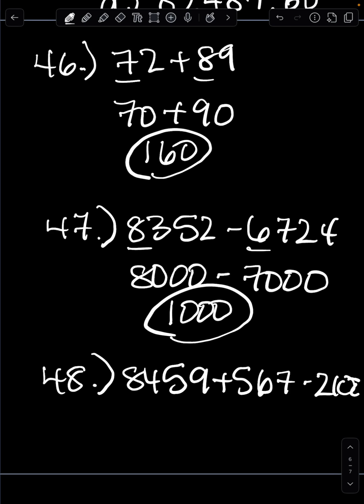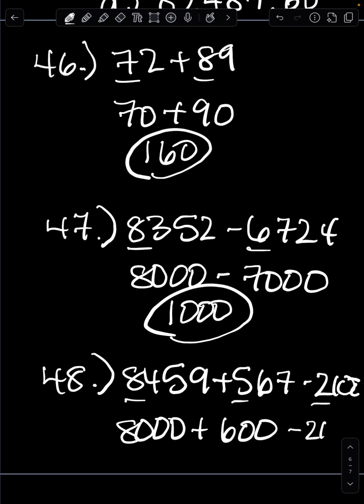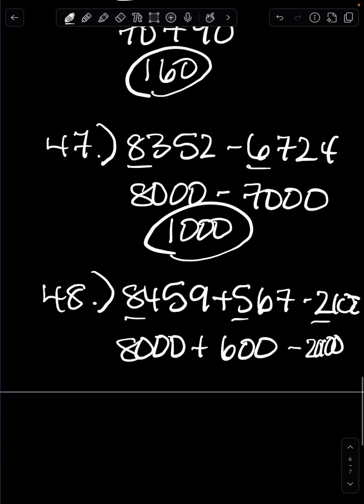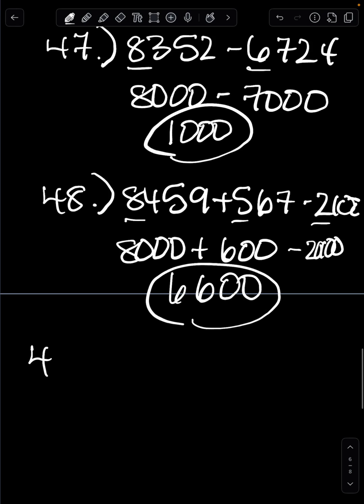48. Okay, highest place value. So that means we're going to have 8,000 plus 600 minus 2,000. And we'll end up with 6,600. 49. Estimate each product or quotient.